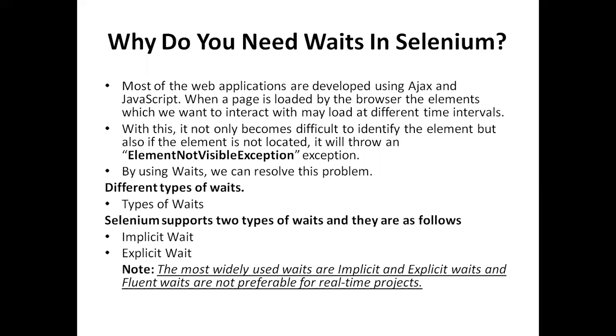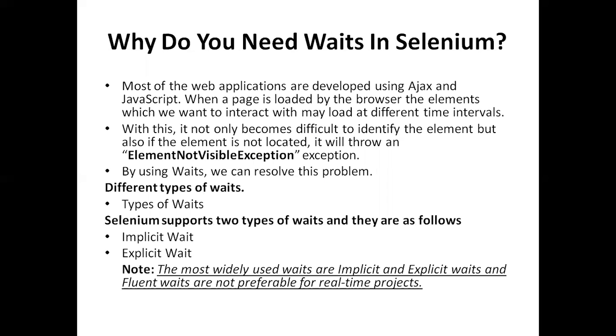So for that particular time interval we have to wait. Now if we don't wait, then what would happen? Then element not visible exception would get displayed. So that is why we are putting waits, so we can avoid this problem.